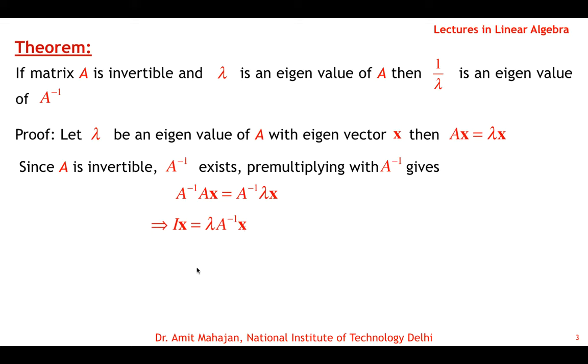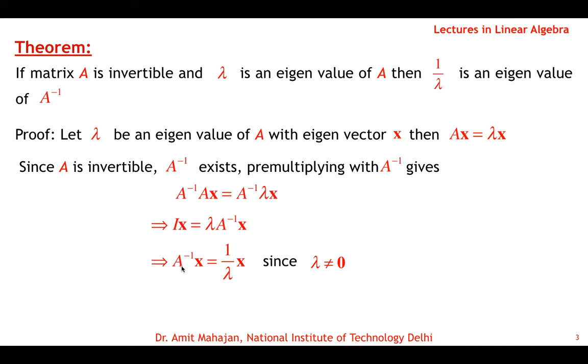Since the matrix is invertible, lambda has to be a non-zero eigenvalue, and so we can divide by lambda. A inverse x can be written as 1 by lambda times x because lambda is non-zero. If lambda is 0, the matrix is singular and non-invertible, so lambda non-zero must be true, and that gives us the proof.